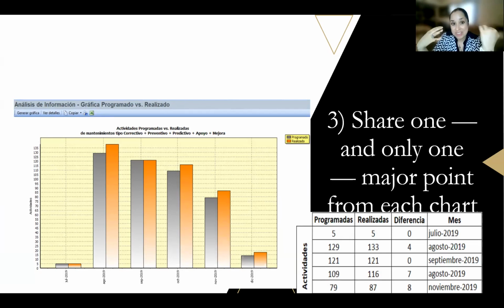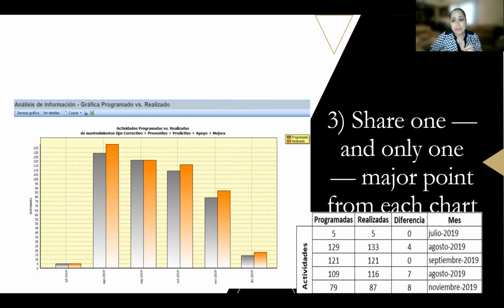And now that the data is organized and I'm just presenting one point in one chart, it's easy for me to explain, but it's also easier for you, the audience, to understand. In general, the audience can understand that we are programming the activities and using this software, and you can see it in a graph and also in a table.